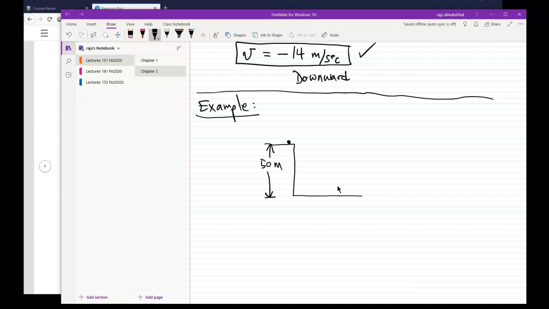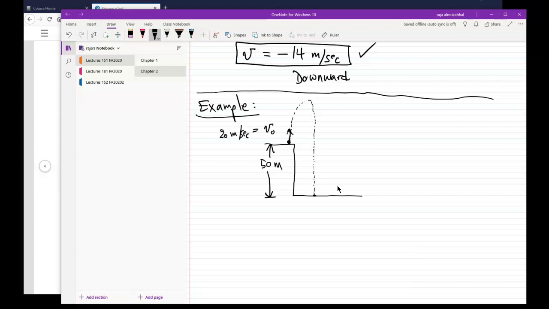I'm holding it between my fingers, for example, or in my hand. And I throw it up like that. Up, up, up, up, up, and then it comes down. I'm trying to make it as neat as possible, and then it comes down here. Okay? So it goes up with some initial velocity. You see that? There is some initial velocity. Let's assume that this initial velocity is equal to 20 meters per second.